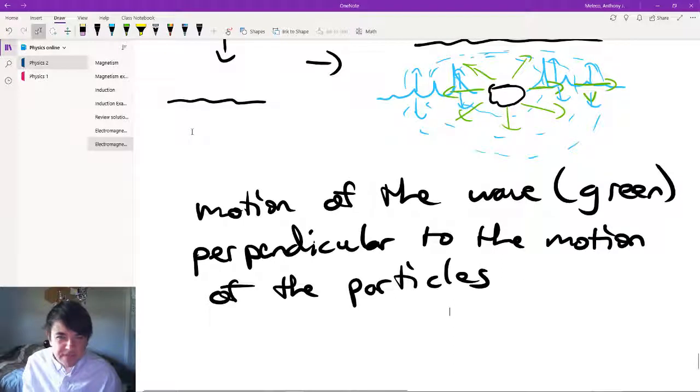I should say the speed of the wave, but motion of the wave, right? It's moving, it's propagating outward. And that is perpendicular.